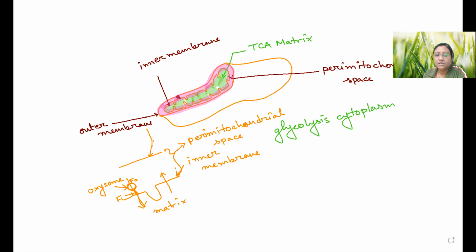So I just want to tell you about the oxidative phosphorylation. It is occurring in between the matrix and the perimitochondrial space. Okay. So we will move further to have a look into the diagram.